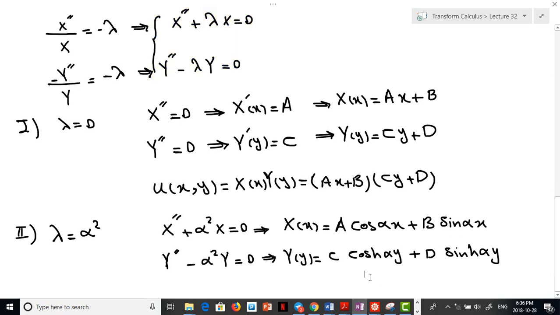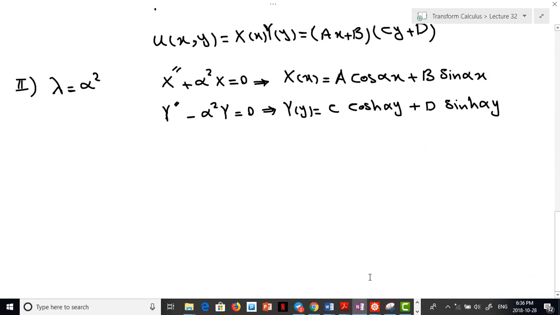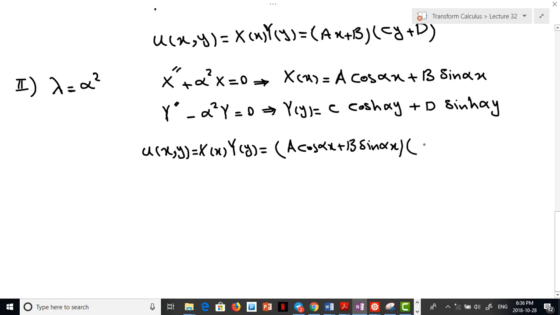So as a result, now we have X and Y. It means that u of x and y, which is equal to X of x times Y, is equal to a cosine alpha x plus b sine alpha x times c cosine hyperbolic alpha y plus d sine hyperbolic alpha y.